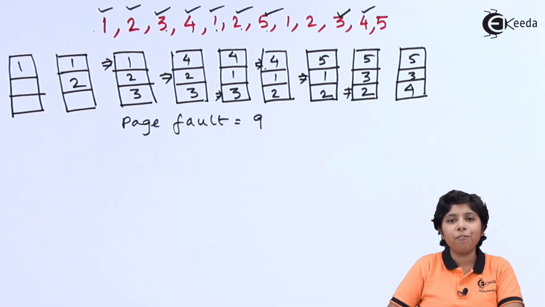Now we will solve the FIFO page replacement algorithm again with 4 allocated frames.